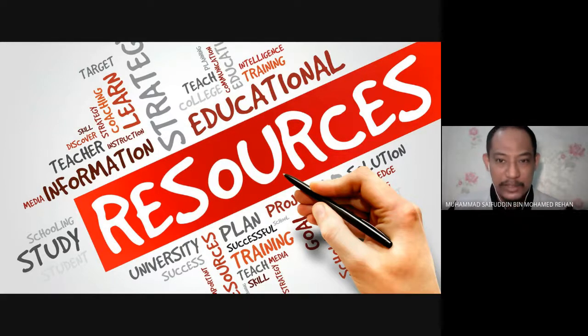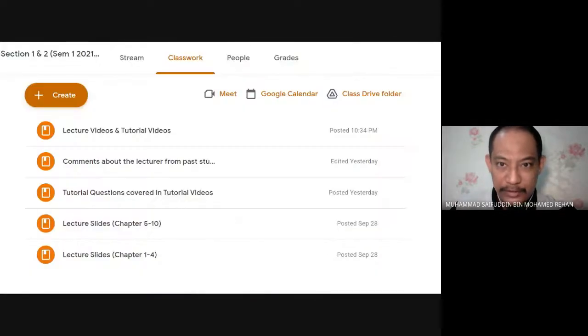Now, just to highlight the resources available, if you look at your Google Classroom, I hope everyone has already entered the Google Classroom, right? Perhaps most of you have. If you look at the coursework there, these are already there.